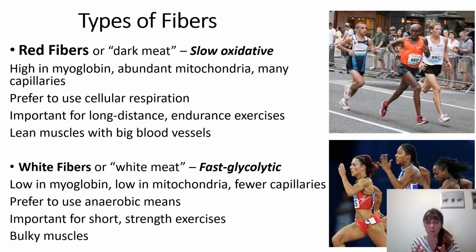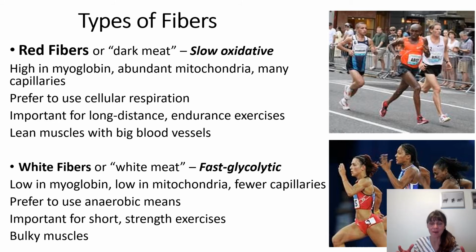White fibers are fast glycolytic fibers. Glycolytic means it's going to use glycolysis, which is anaerobic, for its preferred method of producing energy. So white fibers have a white appearance because they are low in myoglobin. They don't have very many mitochondria because they're not using aerobic respiration.